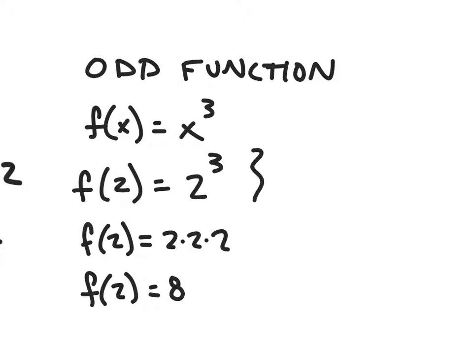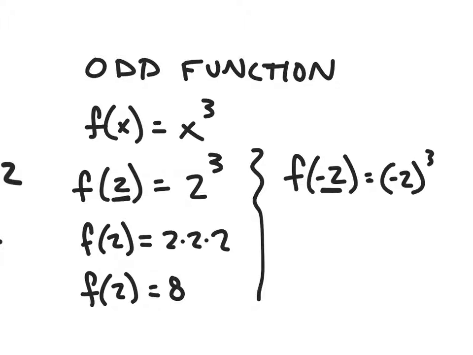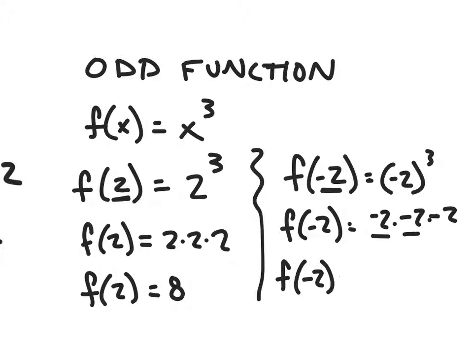Now my function is odd, because if I plug in the opposite x value, the opposite of 2 is negative 2. If I plug that in, I get negative 2 cubed: negative 2 times negative 2 times negative 2. Negative 2 times negative 2 is positive 4, times negative 2 again gives me negative 8.